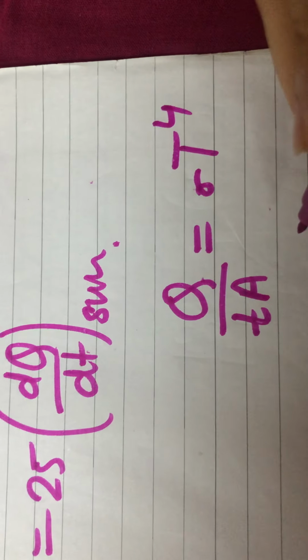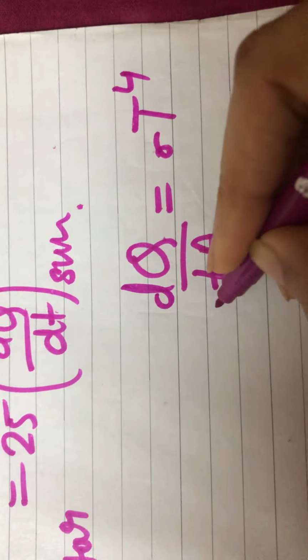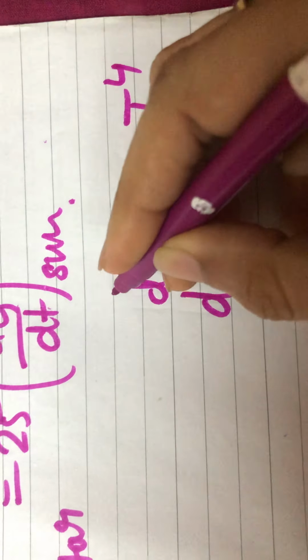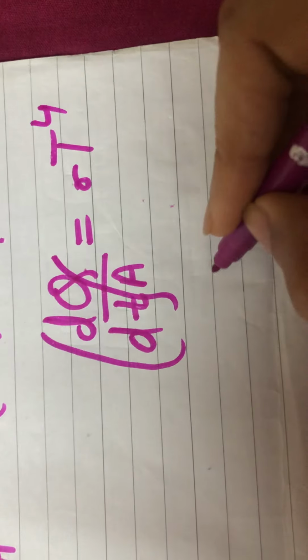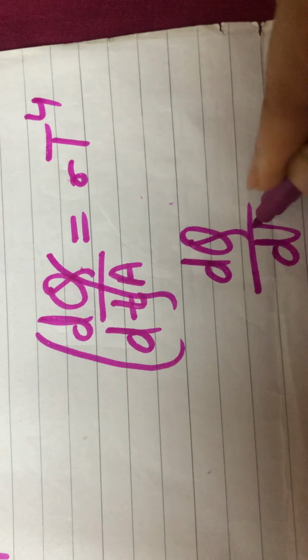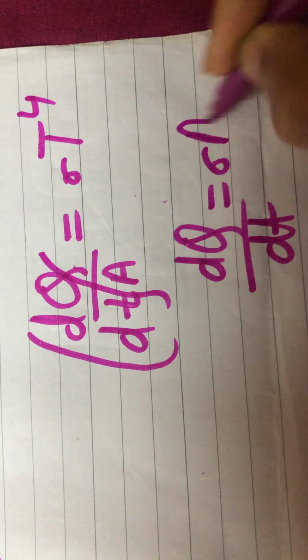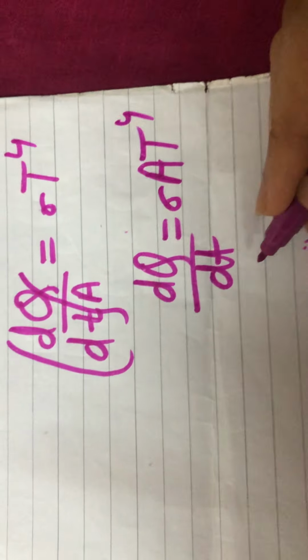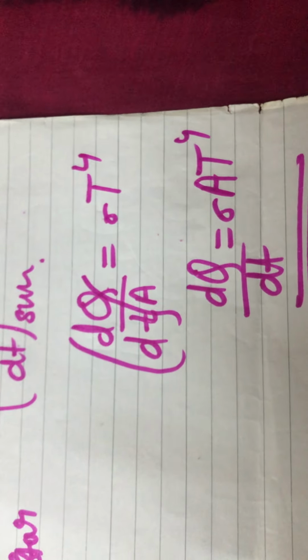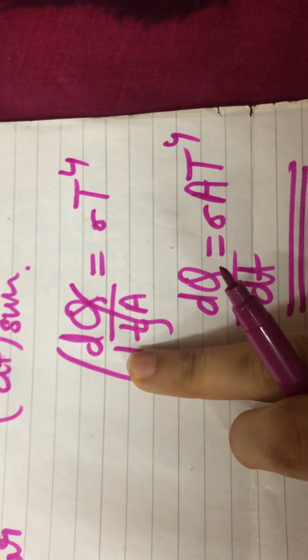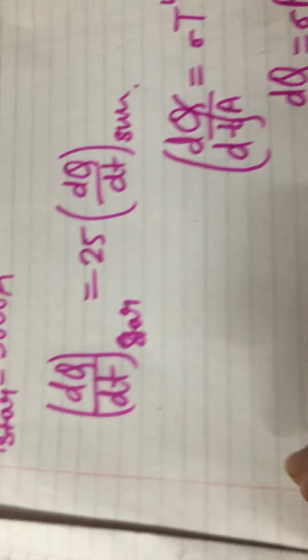Power radiated means dQ upon dt is given to us. What remains? This A remains, which we'll be taking on right hand side. So dQ upon dt is equal to sigma A T raised to 4. See how I derived the formula. This is nothing but Stefan-Boltzmann law.